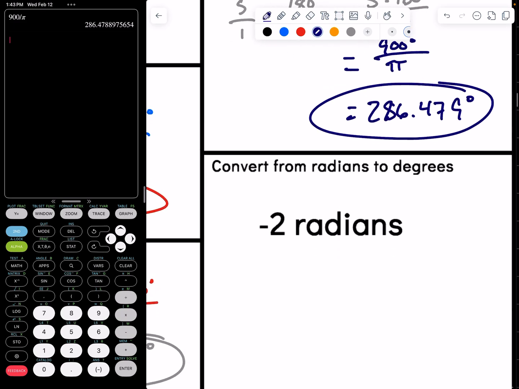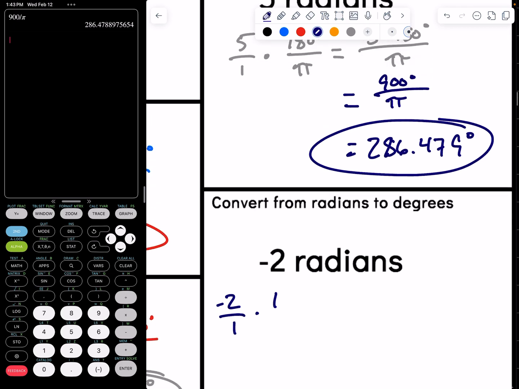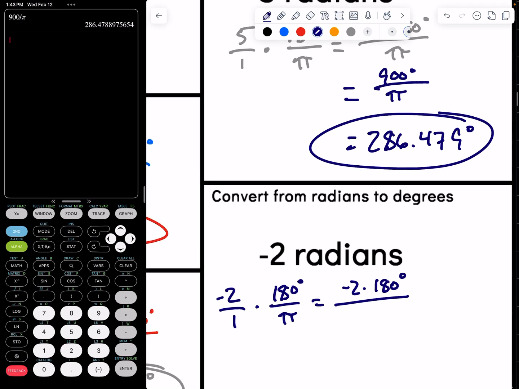Over here we have negative 2 radians. So negative 2 over 1 times the same thing, 180 degrees over pi. So we end up with negative 2 times 180 degrees over pi.